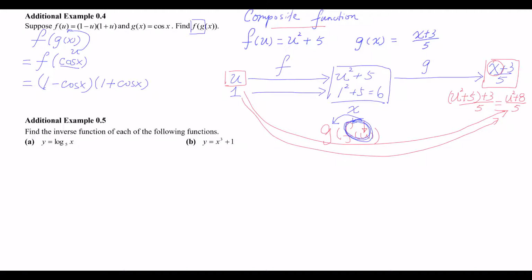And we have already got the composite function f of g. But you can see whether you can further simplify it. If we expand the bracket, we have 1 minus cosine squared x, which is actually sine squared x. Therefore, f of g(x) is actually sine squared x.